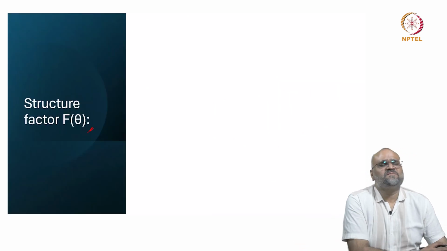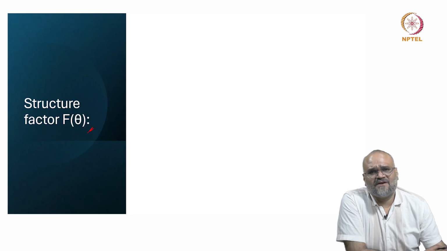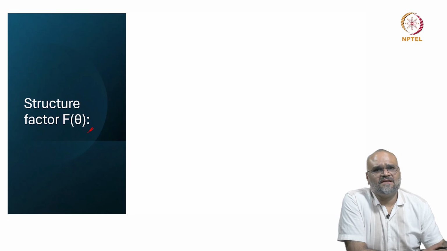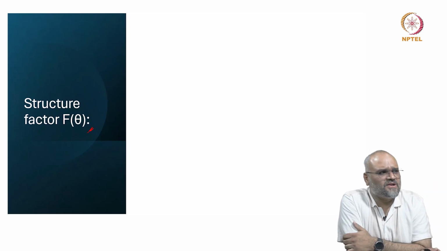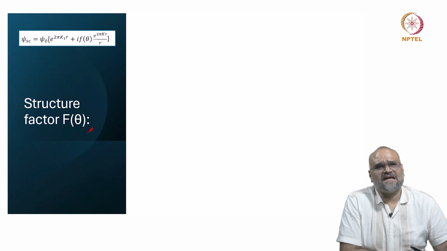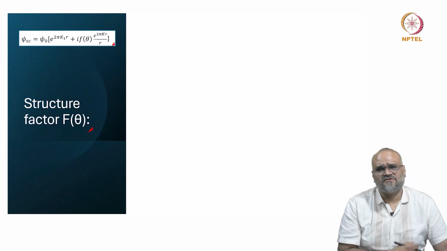This concept of expanding the amplitude that I get from a crystalline sample as a consequence of scattering from atoms which are arranged in a periodic manner is called the structure factor. And let me just recollect the expression that we had earlier for the intensity of a scattered wave. Remember, I arrived at this expression by taking the concept of superposition of waves.